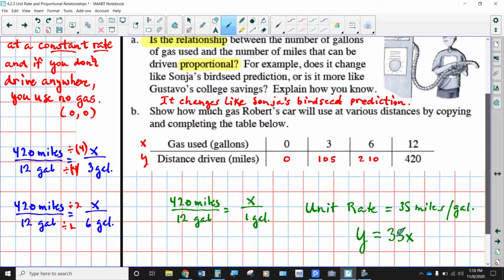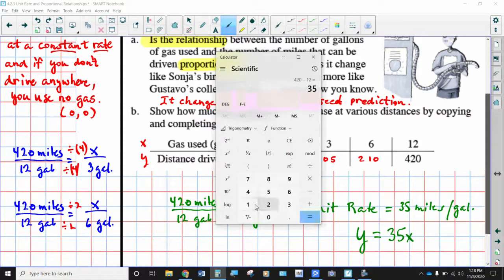2 gallons would be 70. 3 would be 105. 6 would be 210. 10 of them would be 350. And it turns out 12 times 35, let's just go ahead and prove it. 12 times 35 equals 420. Well, what is 6 times 35?